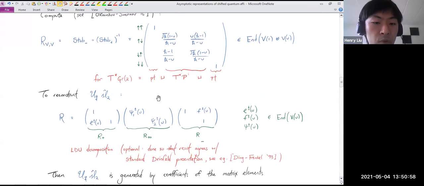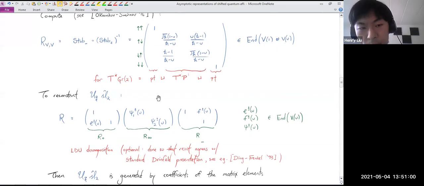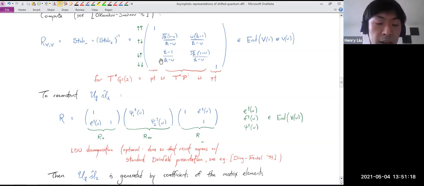And the only reason I want to do this is so that the matrix elements we extract later actually match up with a more standard presentation of UQSL2 hat. You don't have to do this. You could start with the R matrix itself and start extracting matrix elements all you want, and you'll end up with exactly the same algebra. But it will be in a slightly different presentation.